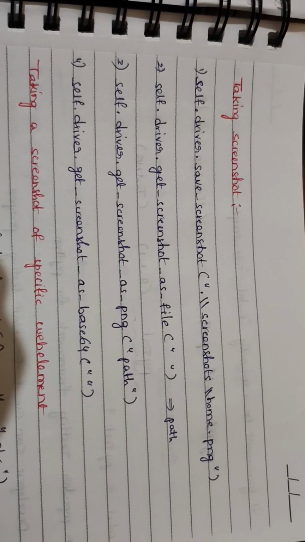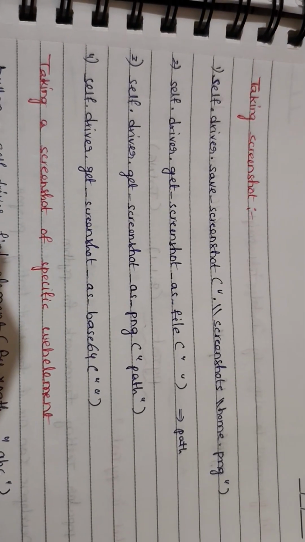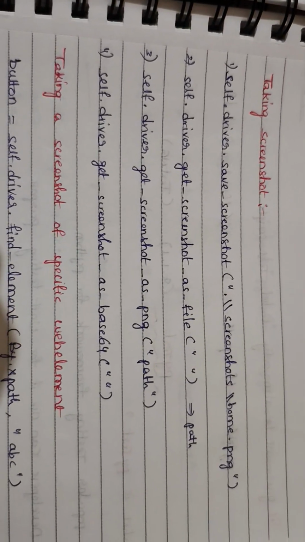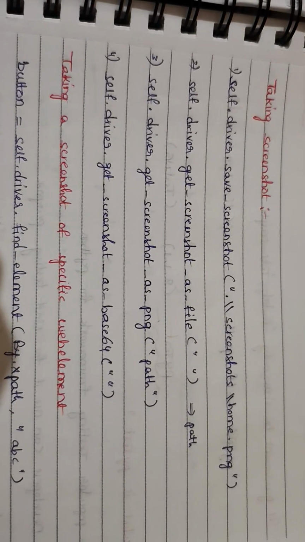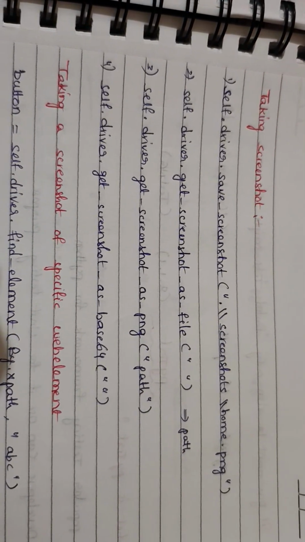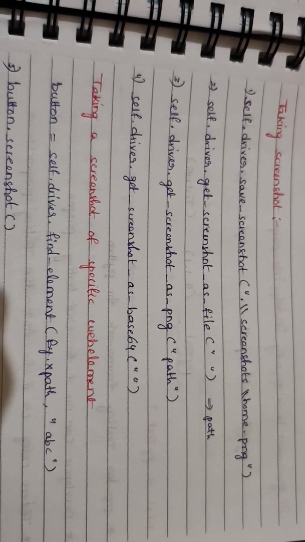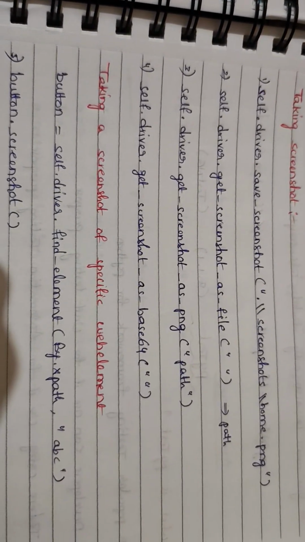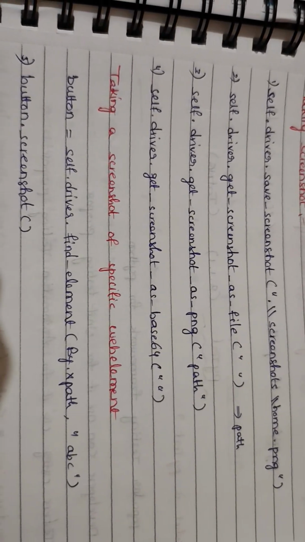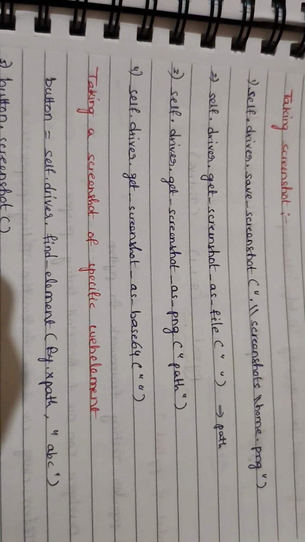Next topic is taking a screenshot. How do we take a screenshot? self.driver.save_screenshot, then in the brackets, in double quotes, we mention the path: "./class/screenshots/home.png". Then self.driver.get_screenshot_as_file, with the path in double quotes, get_screenshot_as_png, and get_screenshot_as_base64.